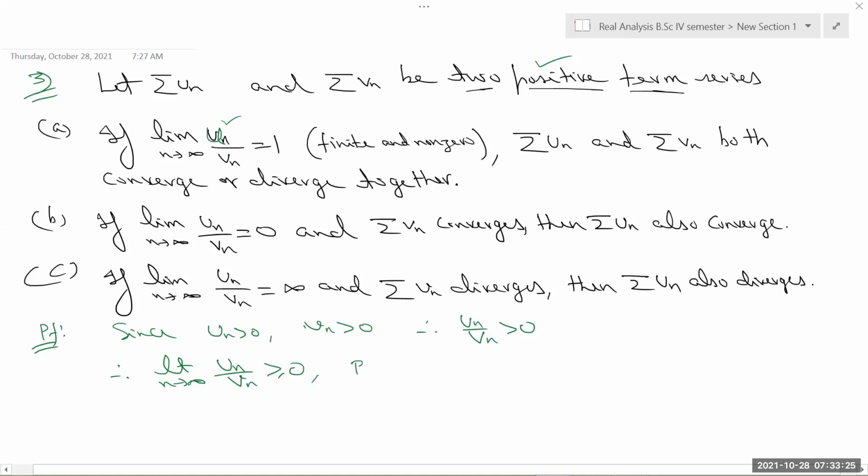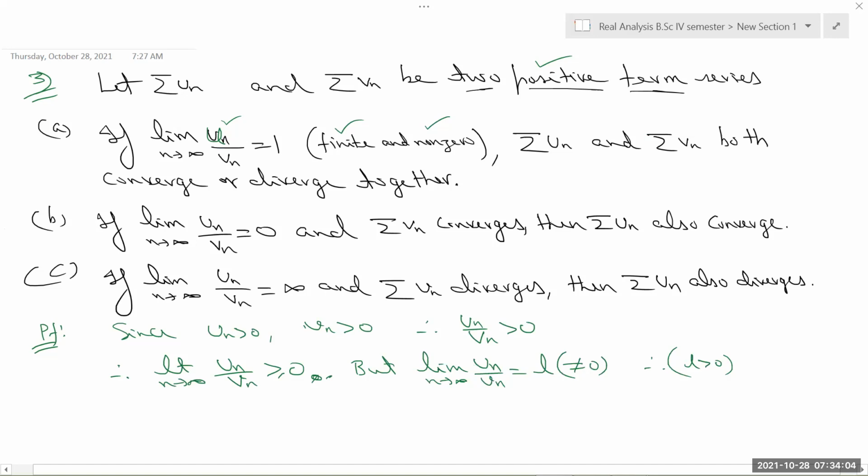But as per the condition, the limit is finite and non-zero, so let us assume that the limit of Un by Vn is equal to L, some finite and non-zero quantity. Here limit means n tending to infinity. Finite and non-zero means L is strictly greater than 0.